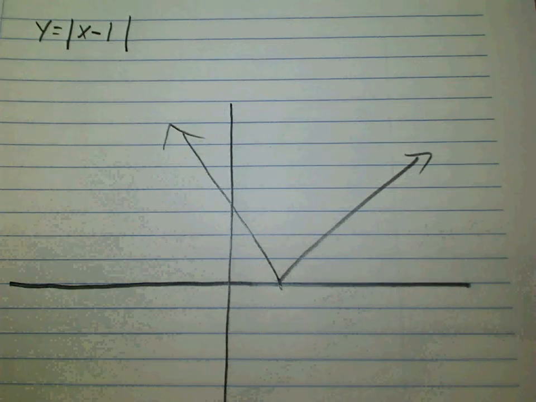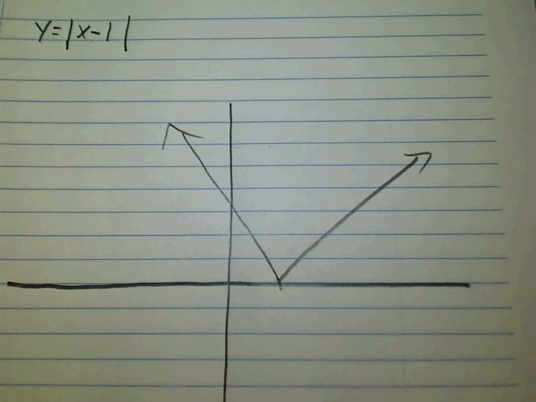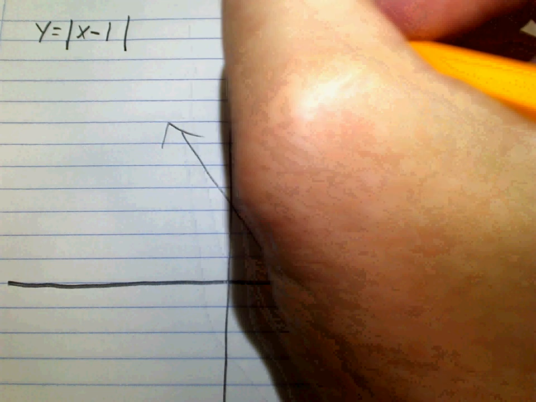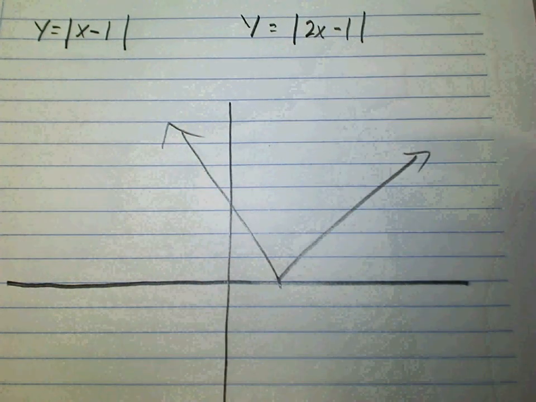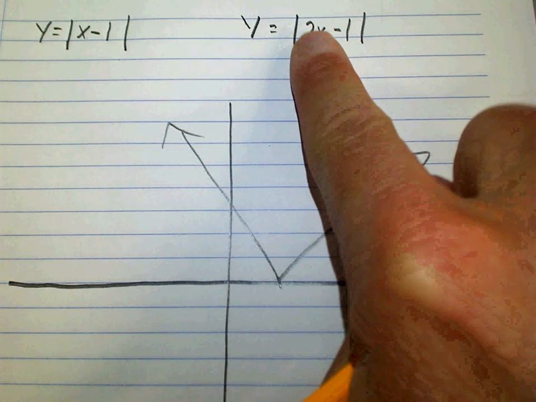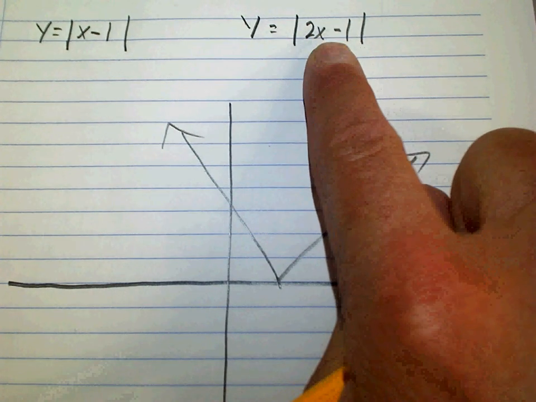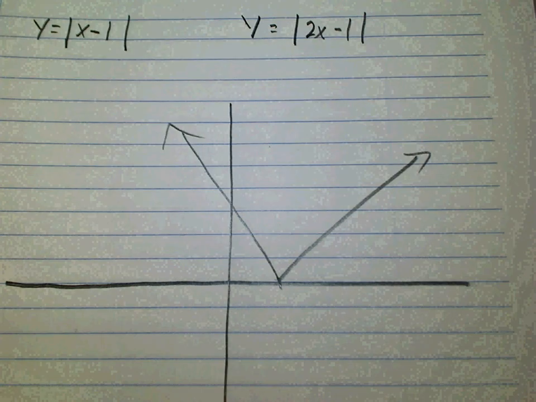Did anybody make one that looks similar to that? Okay. Now put that one on the same graph. You just did this one. Put that one on the same graph. We'll see how they look compared to one another.